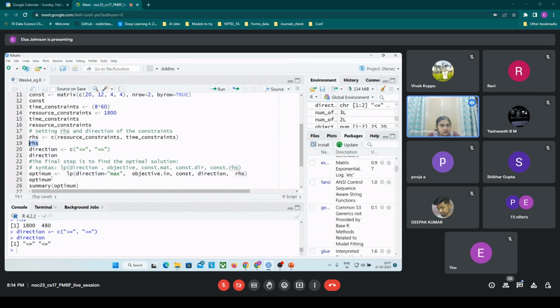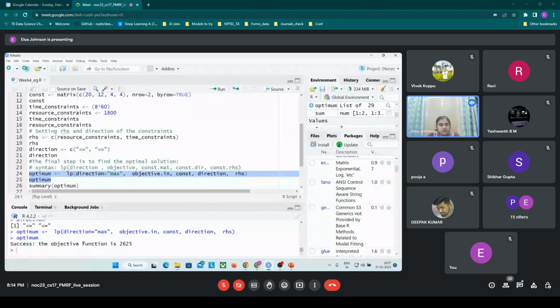So now you want to find the optimal function. You can give it as lp of direction max, objective.in, and constant.dir, RHS. Now if you print this, it will give the objective function, and it's coming like 2565.